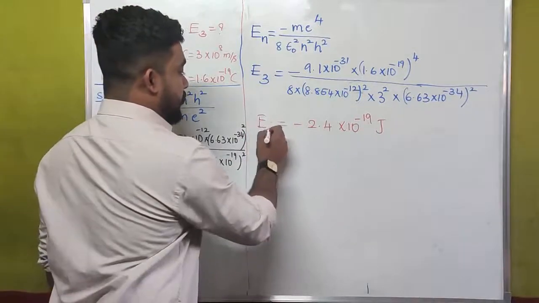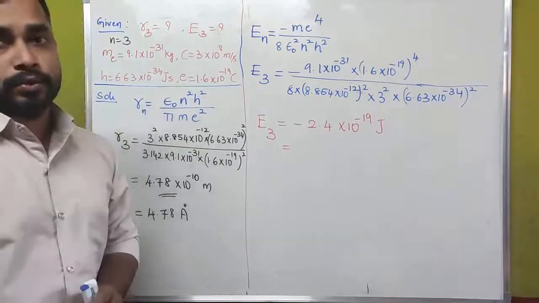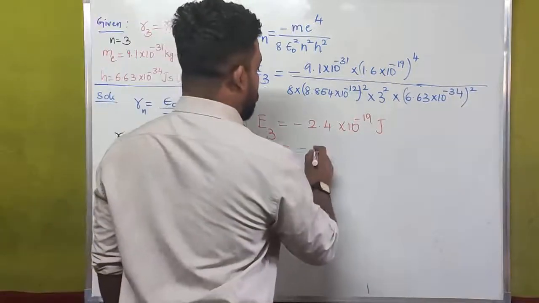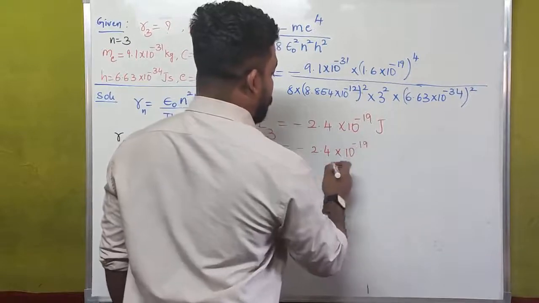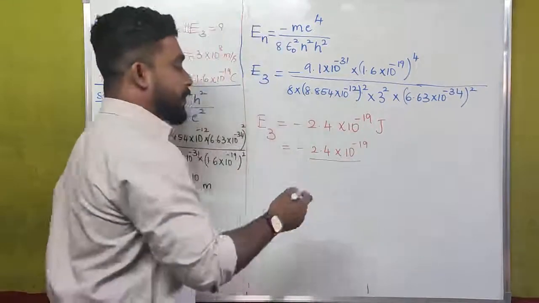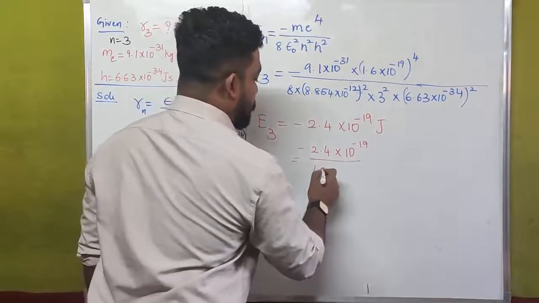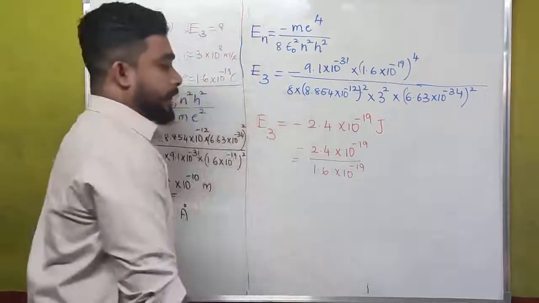But we have to keep the answer in electron volts. For that, to convert from joules to electron volts, we have to divide the whole thing by 1.6 into 10 to the power of minus 19.